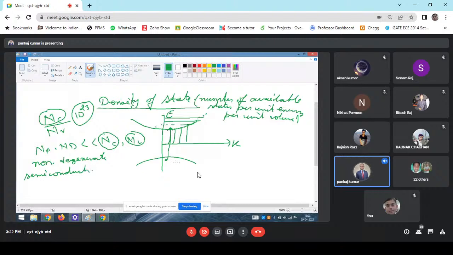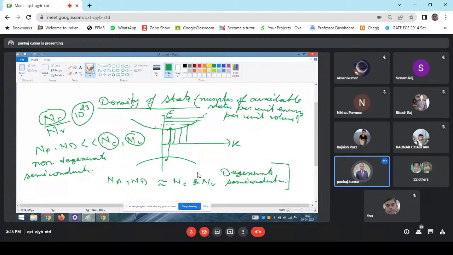Okay, but if we increase Na and Nd, and they become approximately equal to Nc and Nv, in that case these are called degenerate semiconductors.